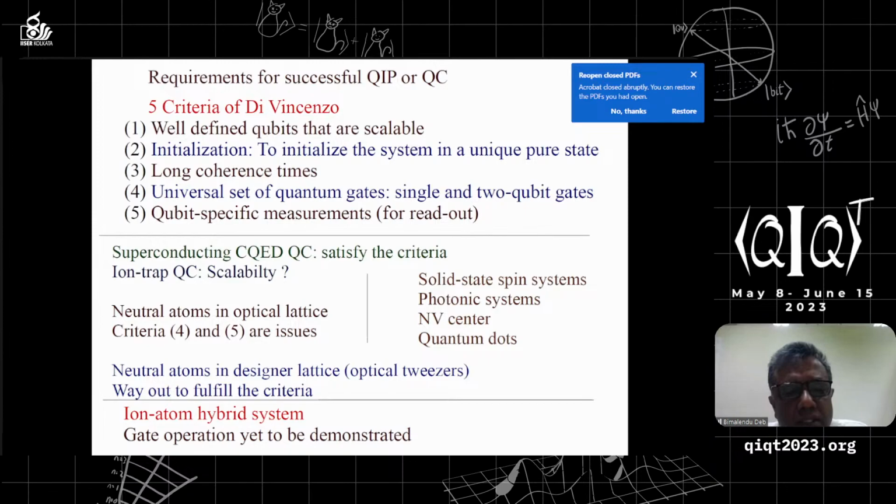In the optical lattice, the lattice spacing is typically of the order of half a micron. If you want to make a two-qubit gate, then you need some sort of interaction or correlation between two atoms. So people are thinking about Rydberg atoms, because Rydberg atoms interact quite strongly. I will come to this aspect of Rydberg atoms.